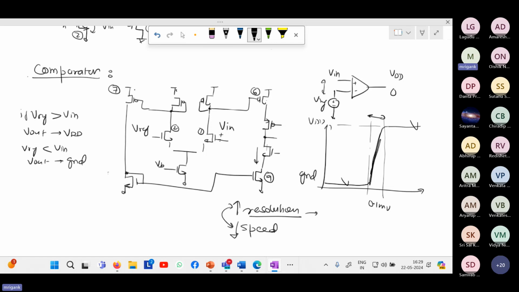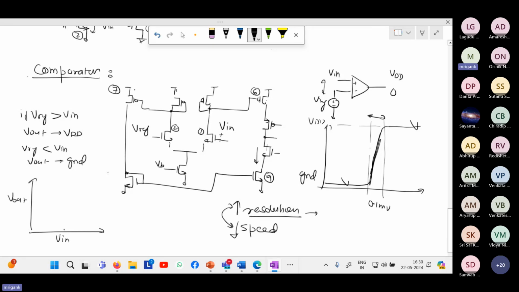If I look at the characteristics, say my ideal characteristics is something like this, if I am plotting V in versus V out. So if this is your V out, and this is your V in.